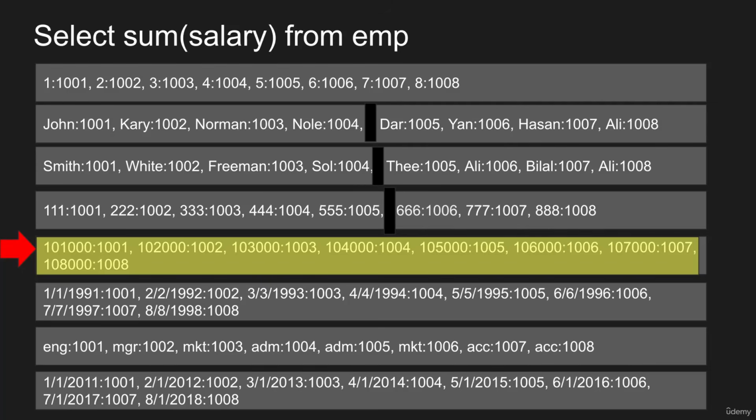By the way, I didn't mention something. If multiple people have the same salary, column-oriented databases do something called compression and aggregation. If, let's say, three people have a salary of 100,000, you can just have one entry, 100,000, with the row IDs 1003, 1004, 1005, all of them having the same value.